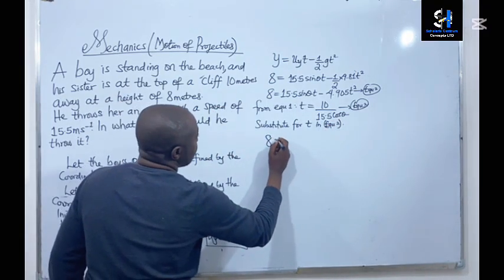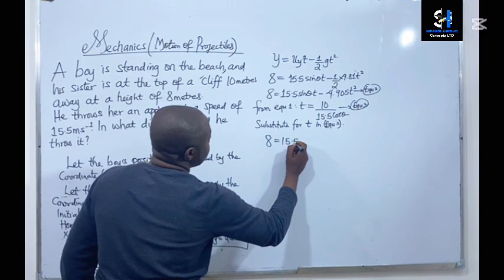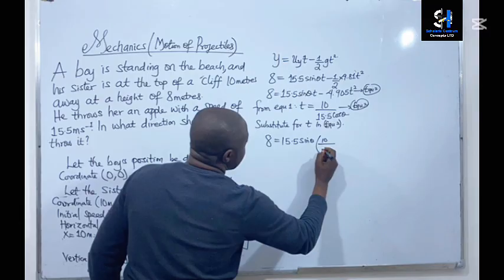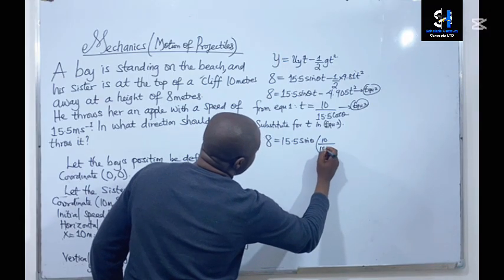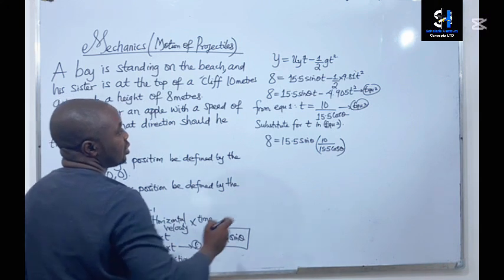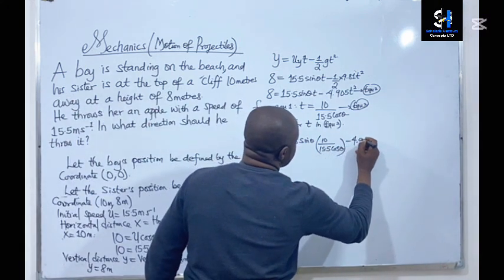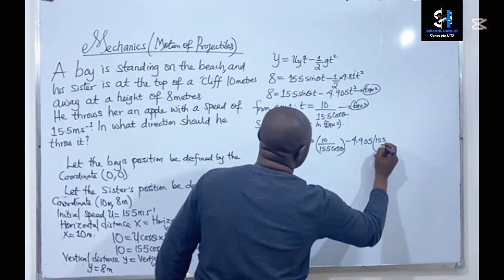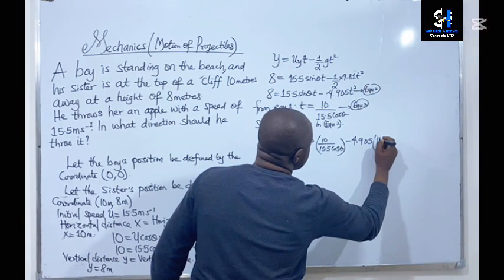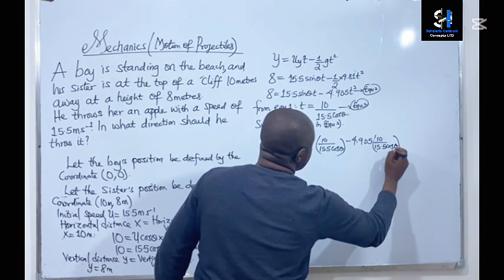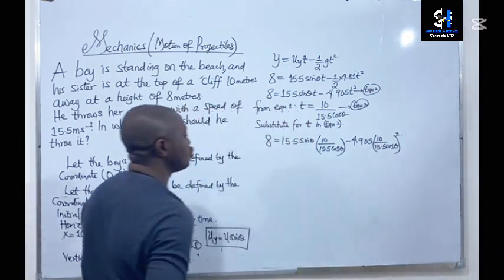So that will be 8 equals 15.5 sine theta multiplied by 10 over 15.5 cos theta, then minus 4.905 times 10 over 15.5 cos theta, raised to the power of 2.